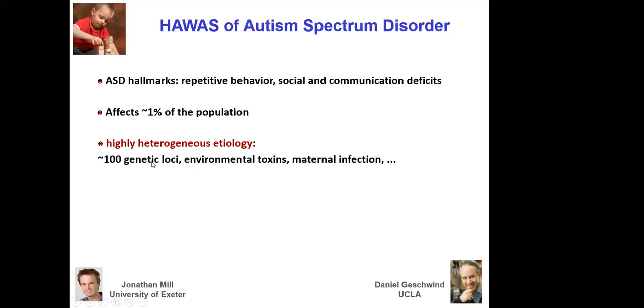And it's not just genetics, there's also environmental toxins during gestation and maternal infection during gestation that are thought to cause autism, and so on. So many causes. And because of that, it's considered not even one disease or one disorder, right? People say it's a collection of many different disorders that have overlapping symptoms.